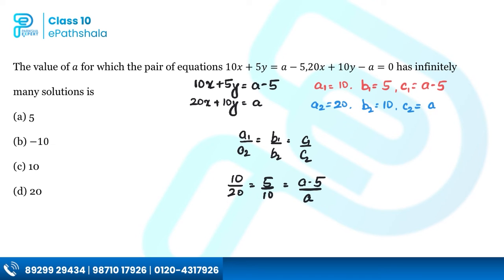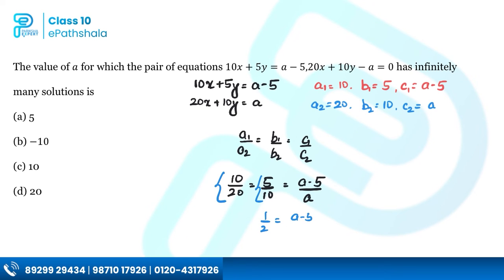Now 10 by 20 can be written as 1 by 2. You can take either of the ratios, it will be 1 by 2 only.